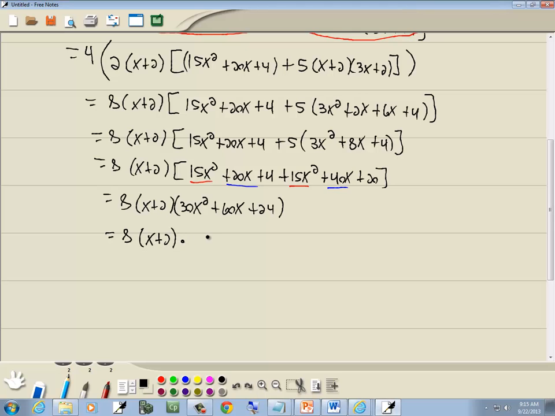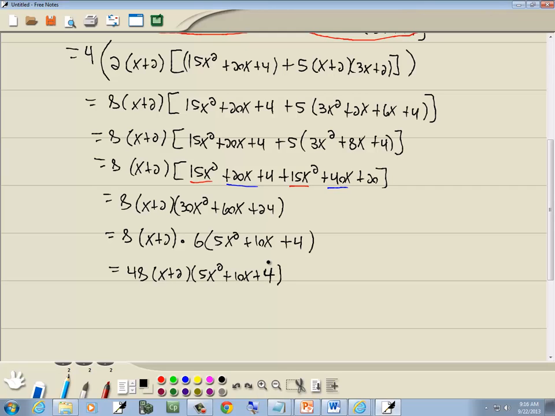So I can factor a 6 out. Hopefully that's all they're divisible by. So that gives us 5x squared plus 10x plus 4. And take 6, put it completely out in front, and that gives us 48 times x plus 2 times 5x squared plus 10x plus 4.